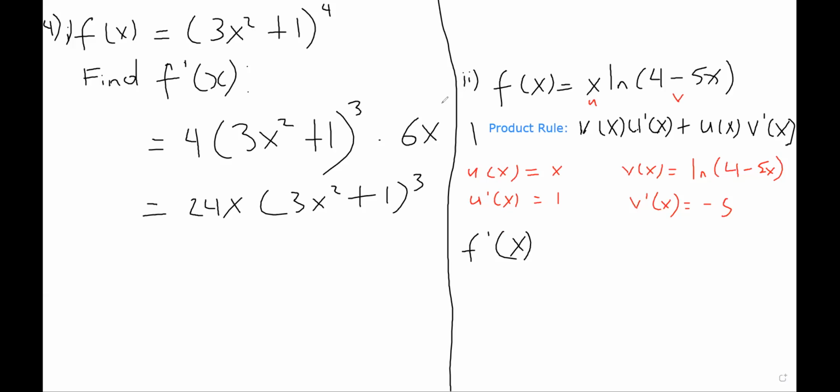So look back at the product rule. It says first the second function, which is v, and we already dictated that our v is equal to ln of 4 minus 5x, right, multiplied by the derivative of our first function, right?